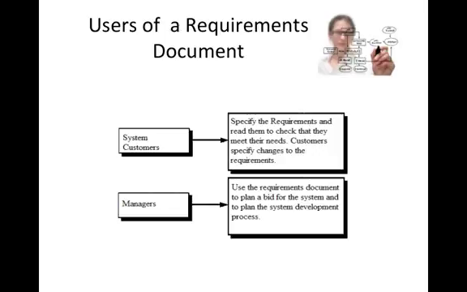So the users of this requirements document are systems customers, the people who are doing the development, managers who care about how this is working, who are planning the bid.